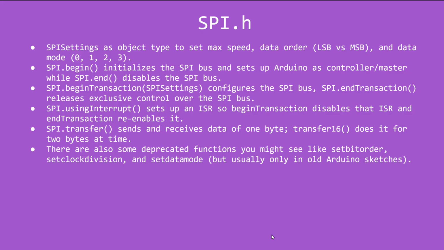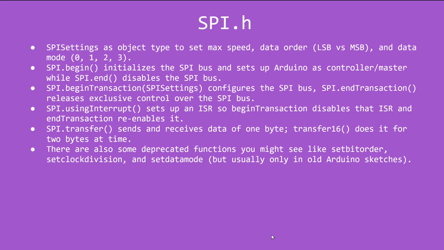And using interrupt basically modifies an interrupt service request so that begin transaction disables it, so that the actual transaction can't be interrupted, and then you just use end transaction to re-enable it. So if you're dealing with interrupt service requests, you might want to look into using that function.